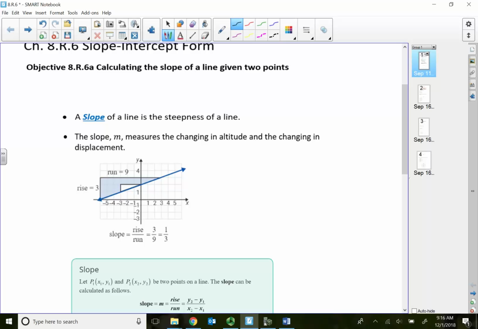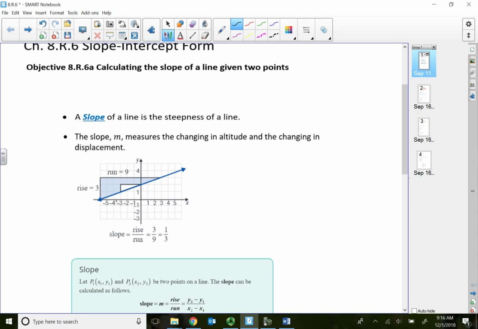So the slope, using the letter m, measures the change in altitude up and down and the change in displacement, which is horizontal distance. In this picture, how steep the line is depends on the change in altitude over the change in displacement, left and right. A lot of students remember the slope formula as rise over run.